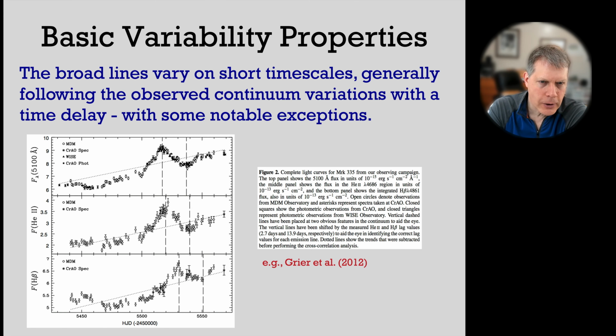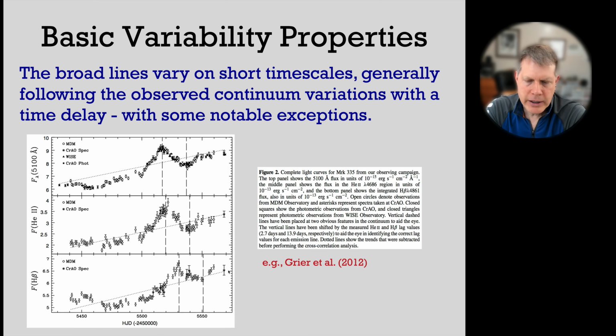It peaks over here, whereas the continuum peaks over there. And if you go to H beta, the shift is even more pronounced. H beta is such that it peaks over here, very obviously shifted from the continuum. So you can see the emission lines are following the continuum variations, but with this time delay.